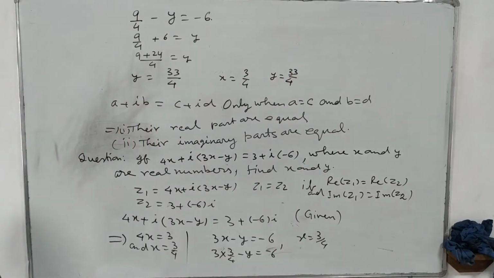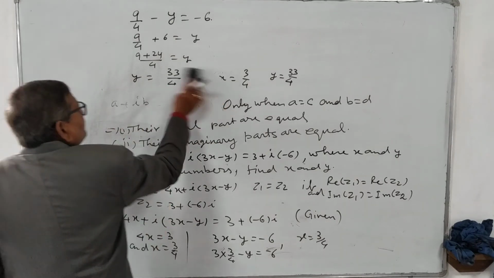When you are given that two complex numbers are equal and find the unknown numbers, then we follow this method. Now addition of two complex numbers.